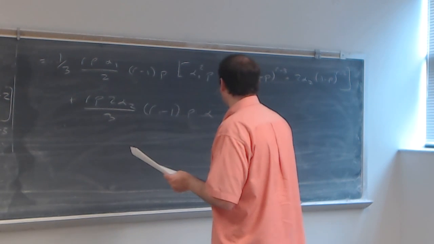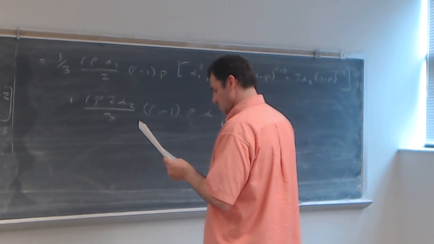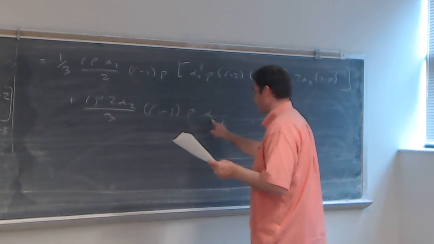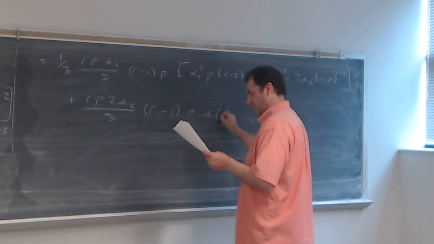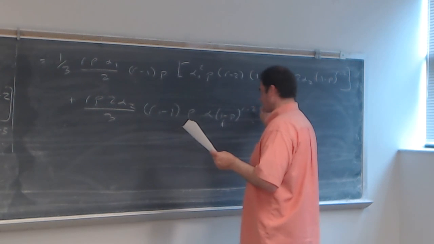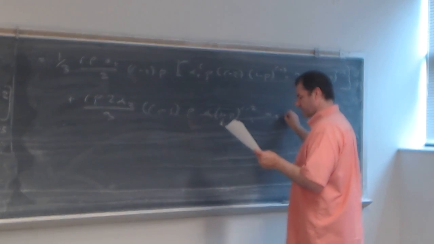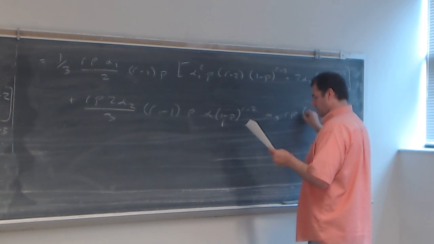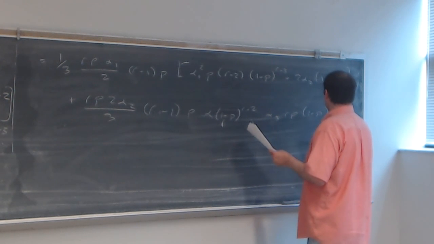No, it's not alpha sub 1. Must be alpha sub, I don't know what it is. I made a mistake in my notes here. We'll leave it blank. 1 minus P to the R minus 2, alpha sub 3, R times P times 1 minus P to the R minus 1.